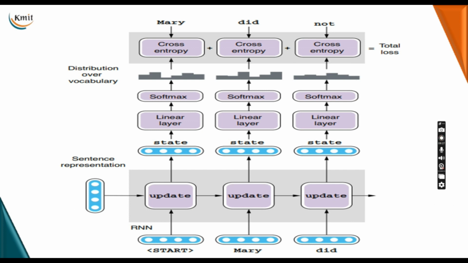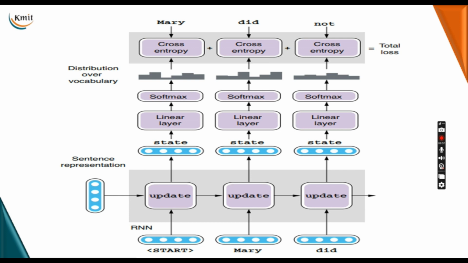If the probability of the word Mary is large, then the output is good and the network will incur a small loss. On the other hand, if the probability of Mary is small, then the network will incur a huge loss, which encourages the optimization algorithm to change the parameters by a large amount.